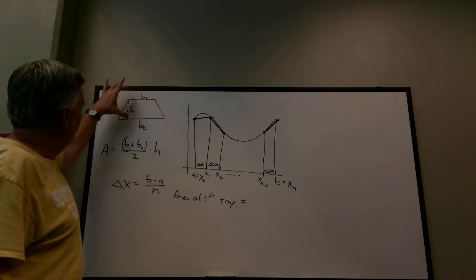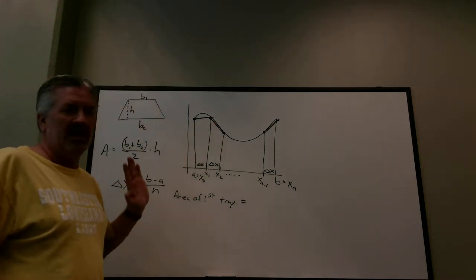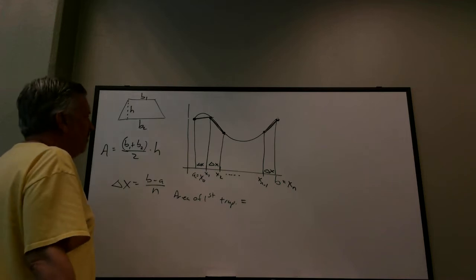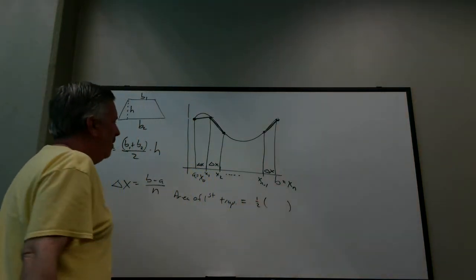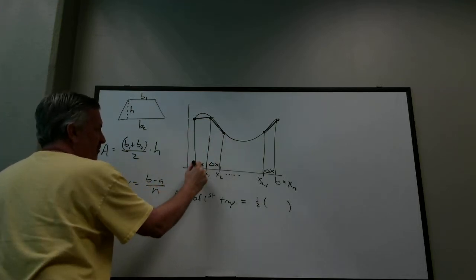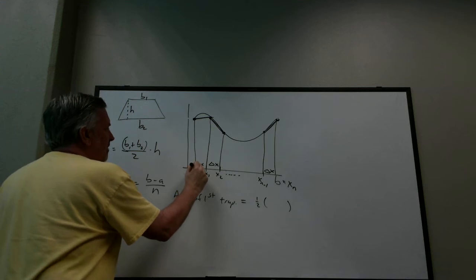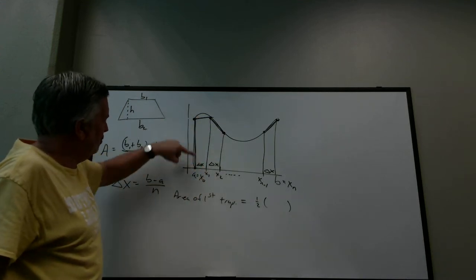Now again, be careful, right? The bases that I've drawn here, the parallel sides, are the vertical lines. So what do we do? We take the average of the bases, so 1/2 what? Well, the two parallel lines are the vertical ones. How far is it from here to here? Well, it's the y value at x naught.